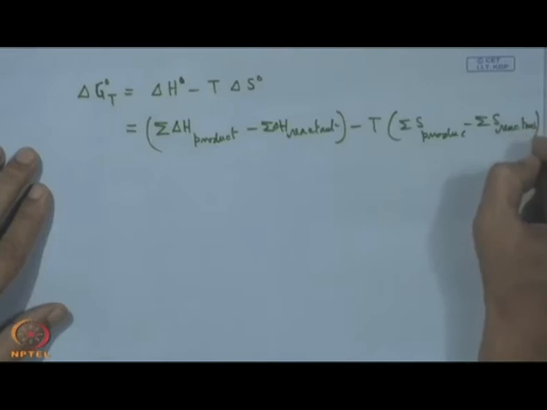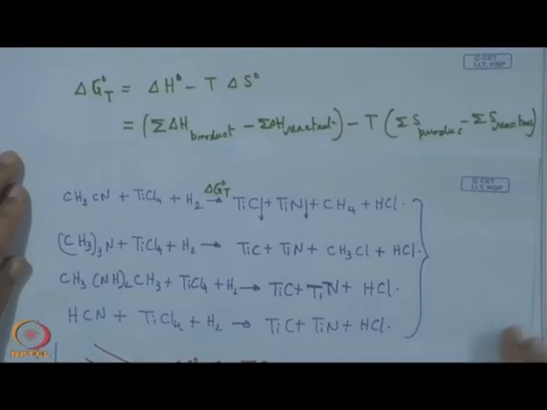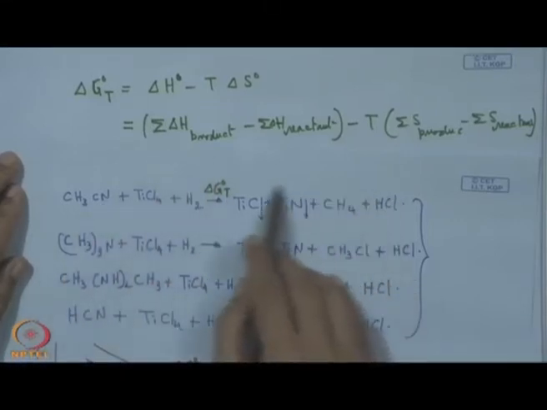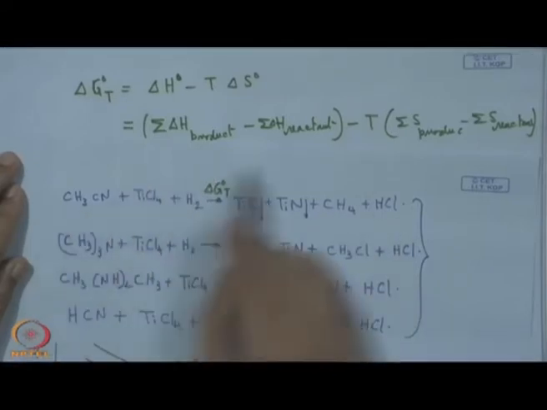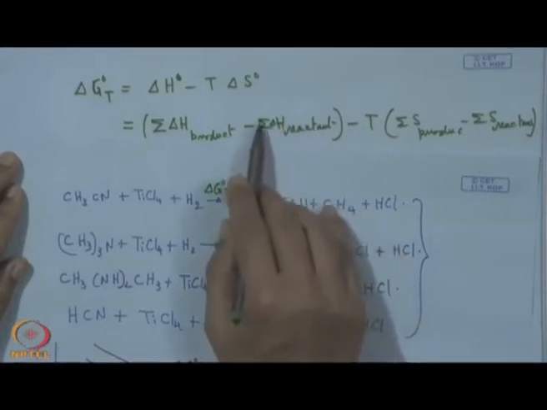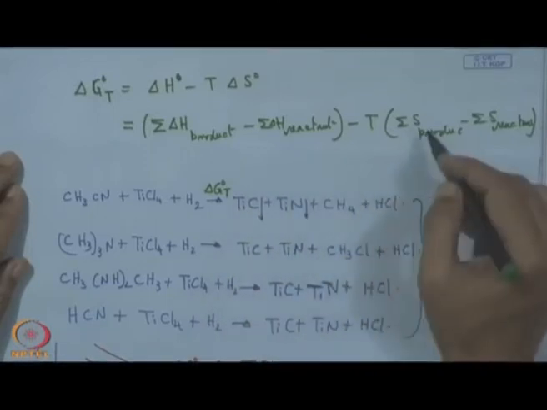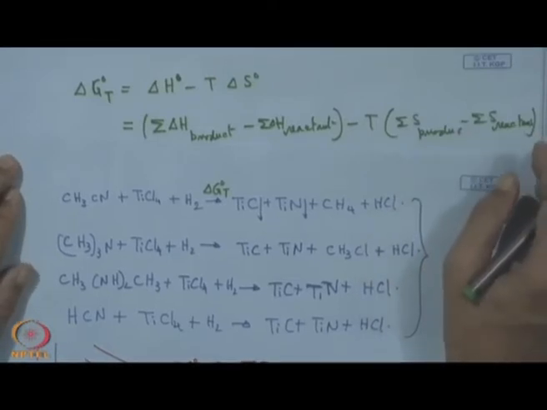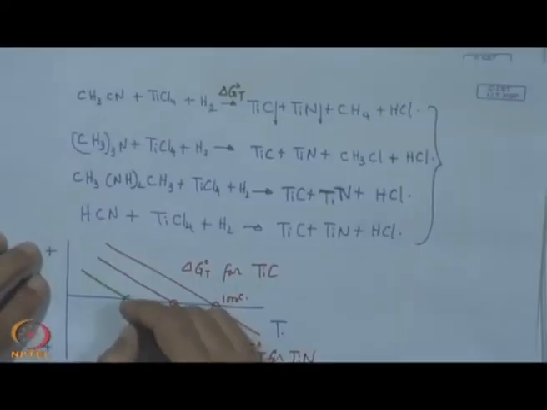So, one has to really using these terms for product, take all the products, put them here, take all the reactants and put them in the second place of this parenthesis, and then with the respective value of entropy of the reactant and product, one should be able to find out what is the threshold temperature, because at the threshold temperature this is the point.